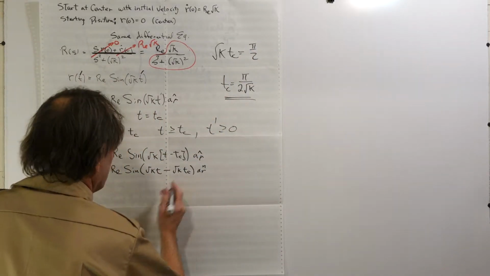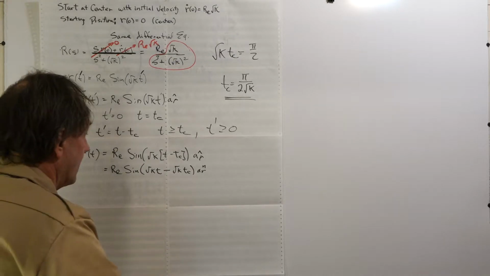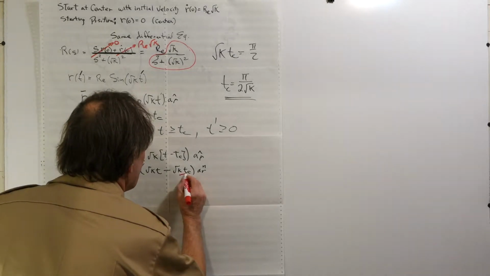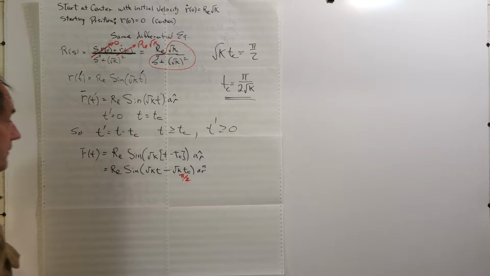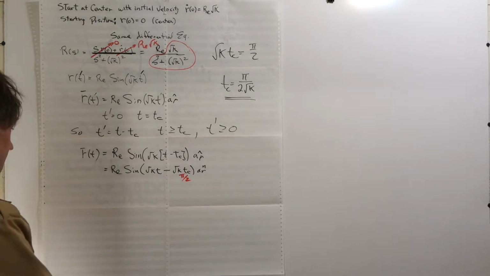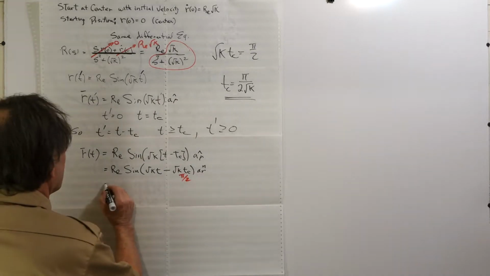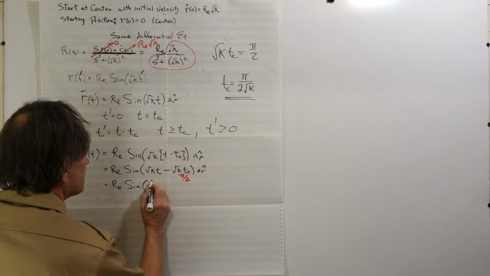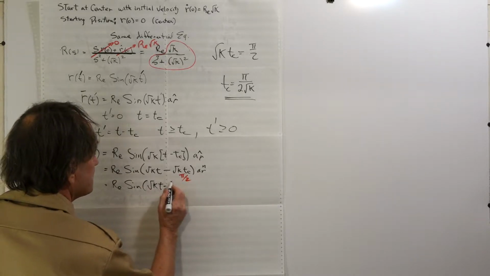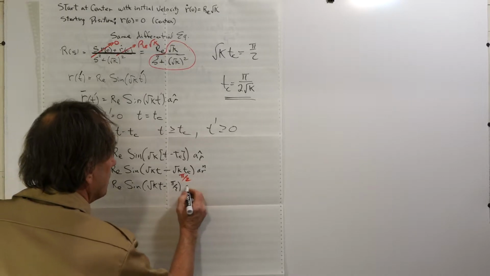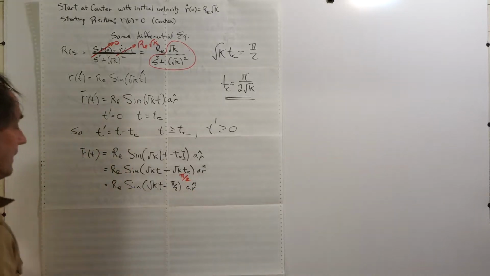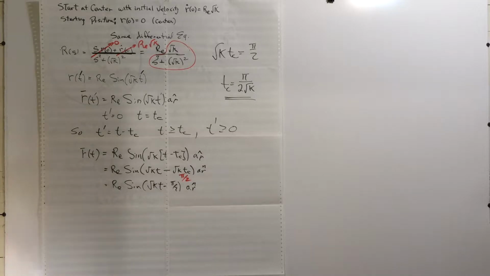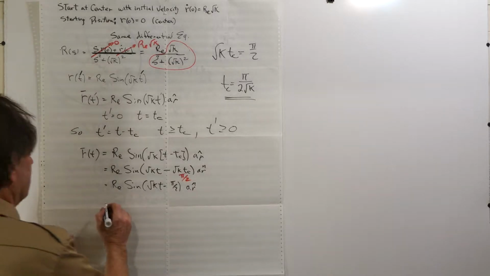So this portion here is just pi over 2. So this now becomes the radius of the Earth times the sine of square root of k t minus pi over 2 in the a_R direction. Now, the sine of an angle difference is written in this form.